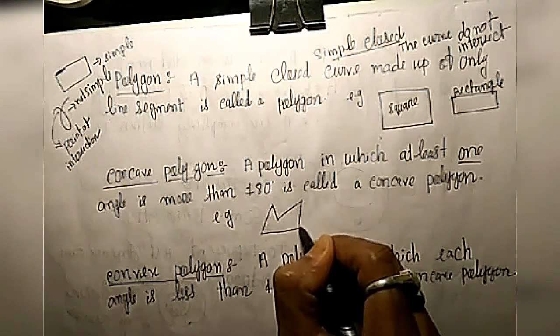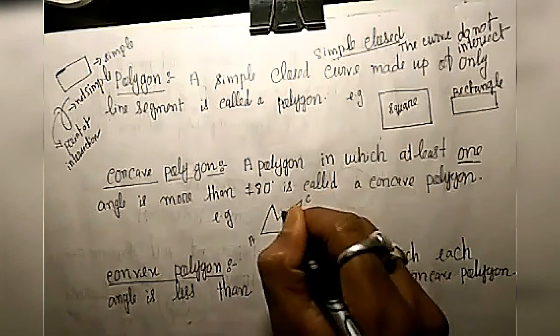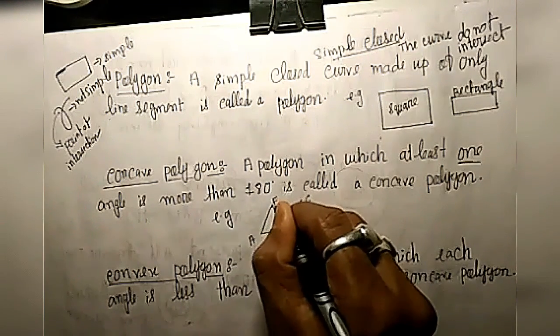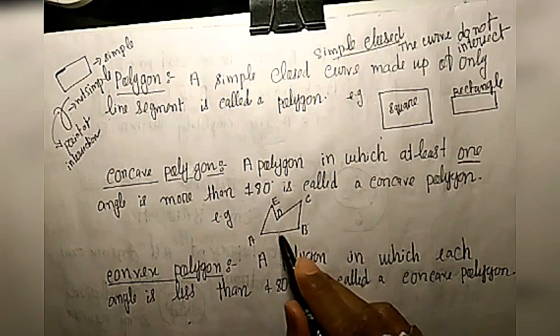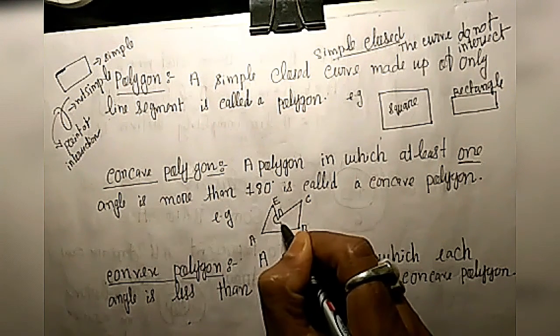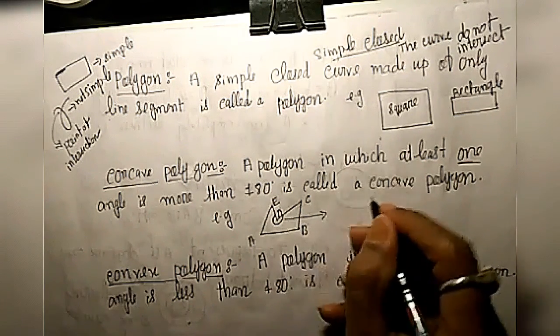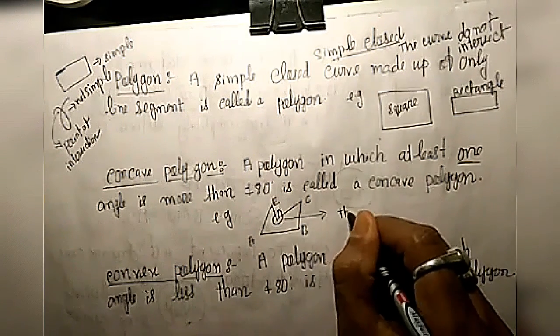So for example, this is a polygon because it is closed and bounded by line segments. So it should be a polygon, and in this figure we can see one angle which is more than 180 degrees.